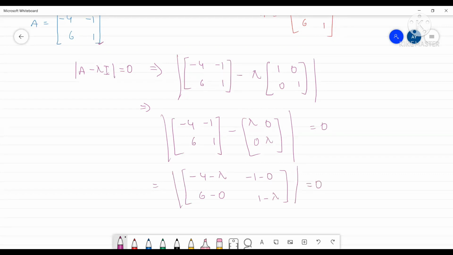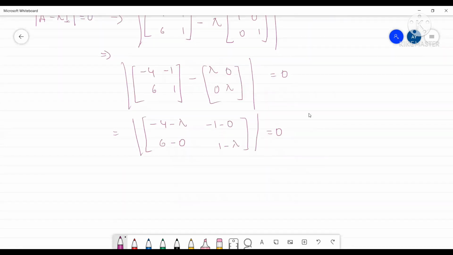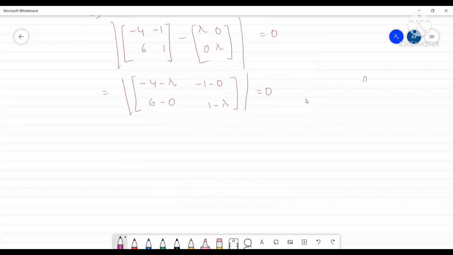Now, how will you find the determinant of a 2 by 2 matrix generally? If you have A, B, C, D, how will you find the determinant for this? You just have to cross multiply. That is AD minus BC is equal to 0. The same thing comes here. That is AD.